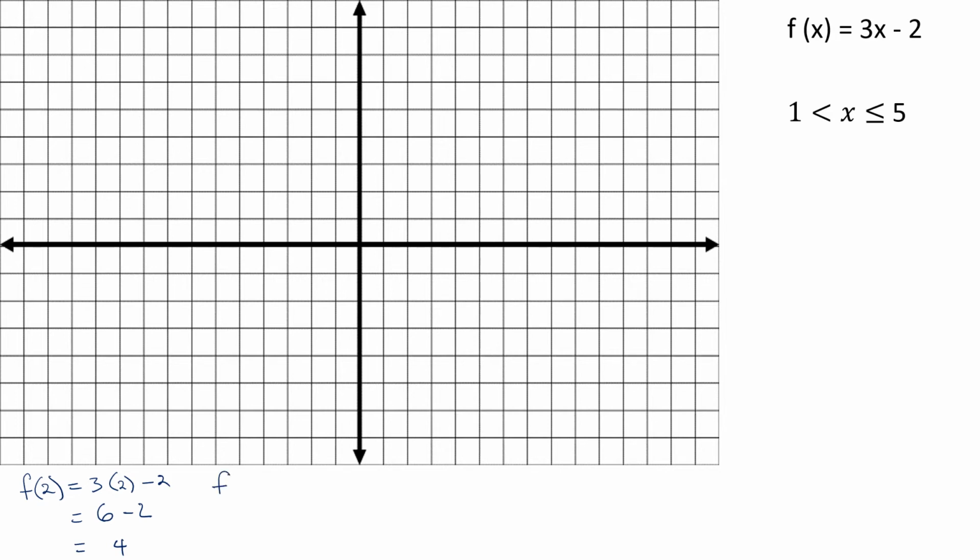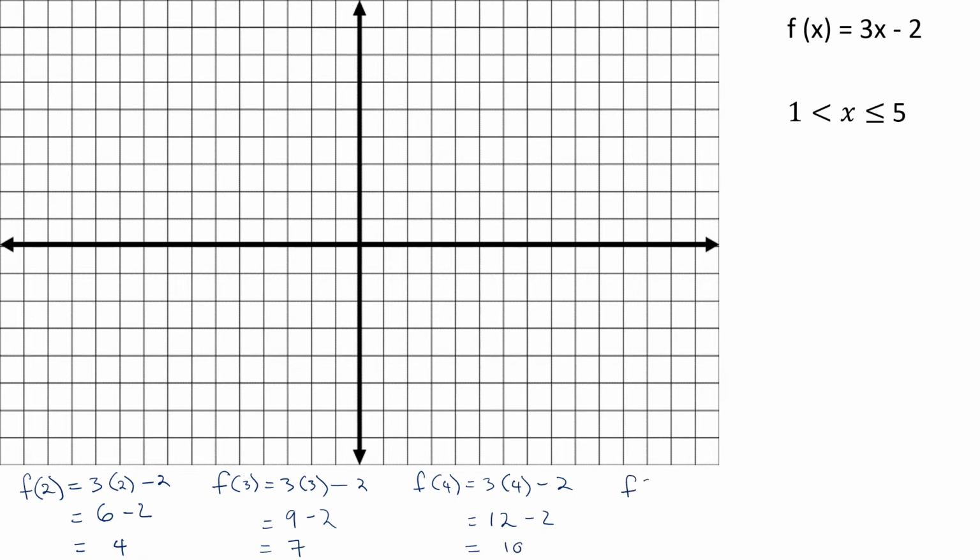When x is equal to 3, we will have 3 times 3 minus 2. So that means that y will be 9 minus 2, which is equal to 7. When x is equal to 4, we will have 3 multiplied by 4 minus 2, equal to 12 minus 2, which is equal to 10.